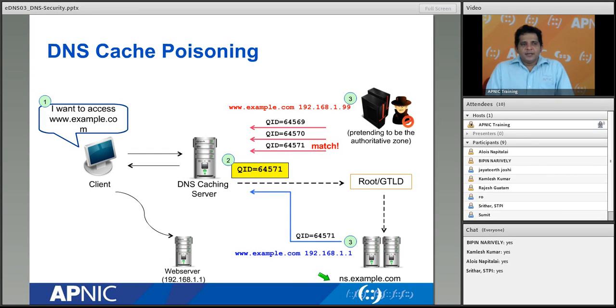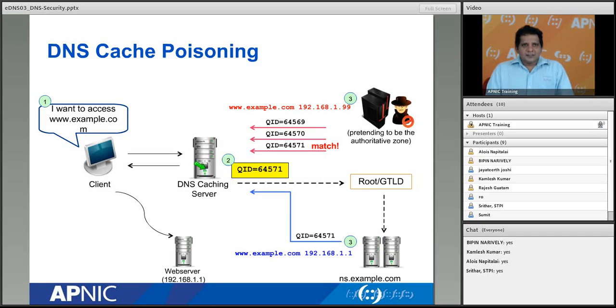So in this example, the query is coming for www.example.com, for which the correct IP address should be 192.168.1.1, but the attacker could be returning a number of other answers for those queries with different query IDs. And if it finds a match, these are kind of random ones, then the recursive server can get polluted, right?